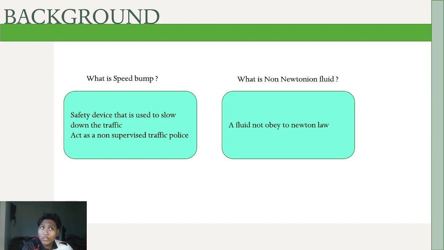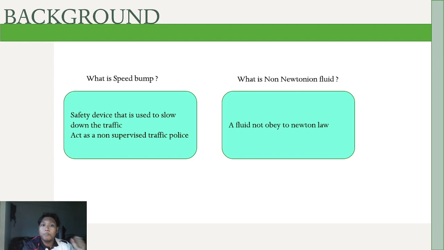Okay, non-Newtonian fluid bump. What is non-Newtonian? Non-Newtonian is especially a fluid made from cornstarch and water. This fluid does not obey Newton's law because the viscosity of the fluid can change directly with the force.